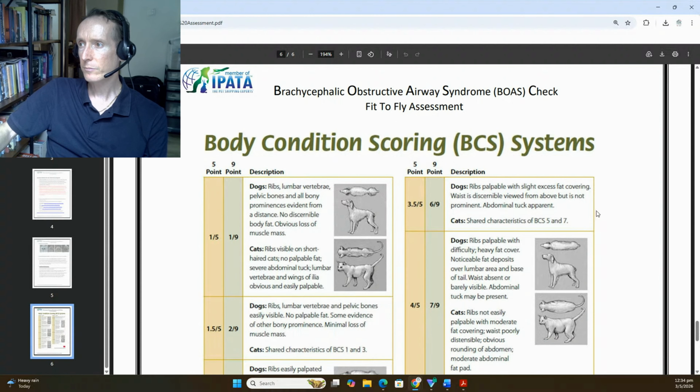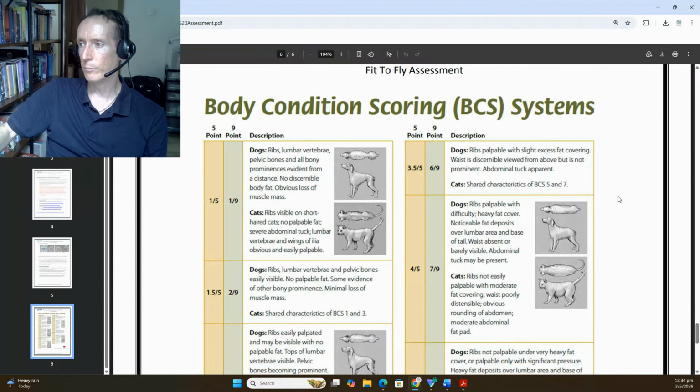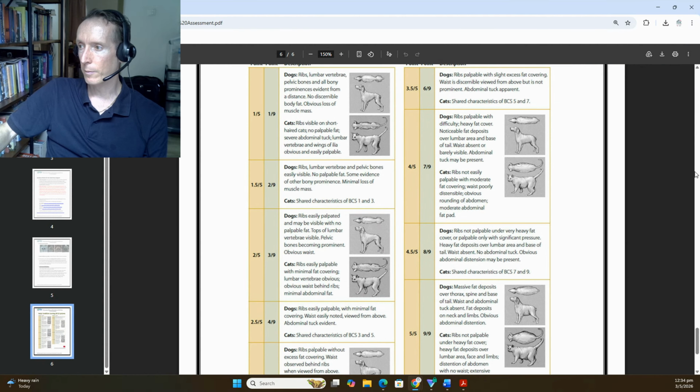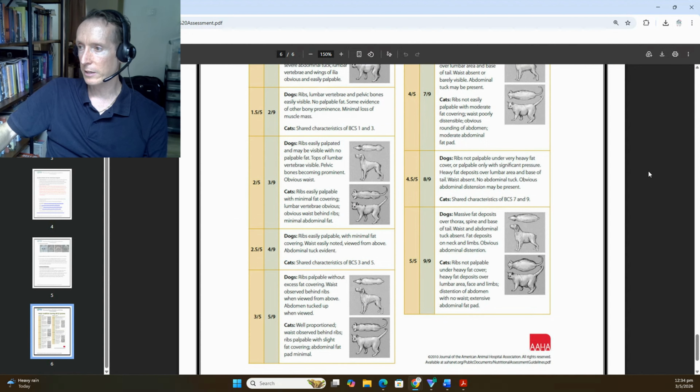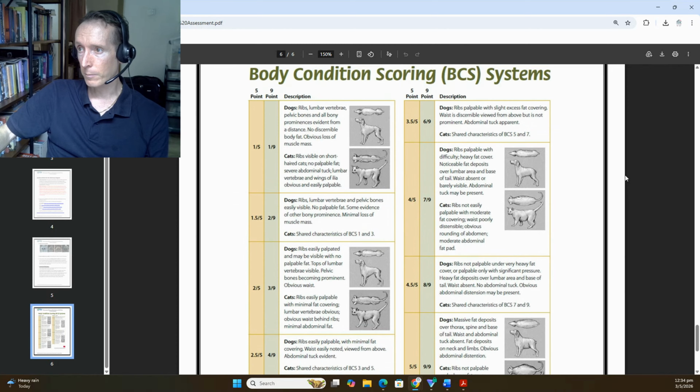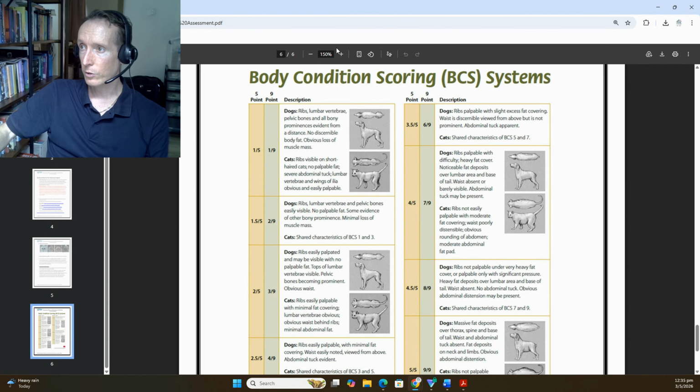Okay, so actually, you can probably find this online. Veterinarians do use an objective scale to give an idea about your pet's weight.